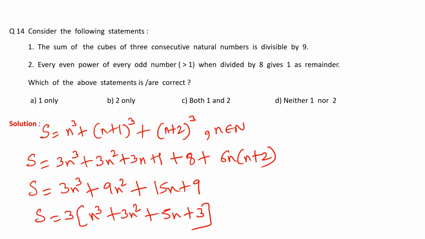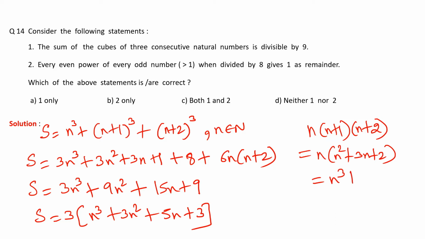Now students, what we can do is, we know that n into n plus 1 into n plus 2, since it is the product of 3 consecutive natural numbers, will always be divisible by 3. Why? Because exactly one number out of them will be a multiple of 3. So when we just find its product, it comes out to be n cube plus 3n square plus 2n.